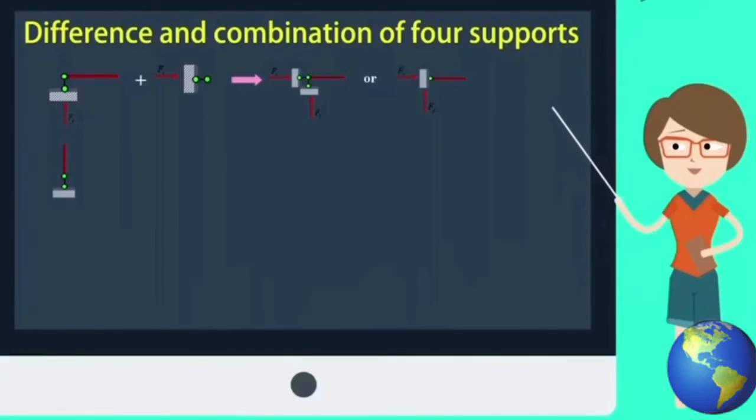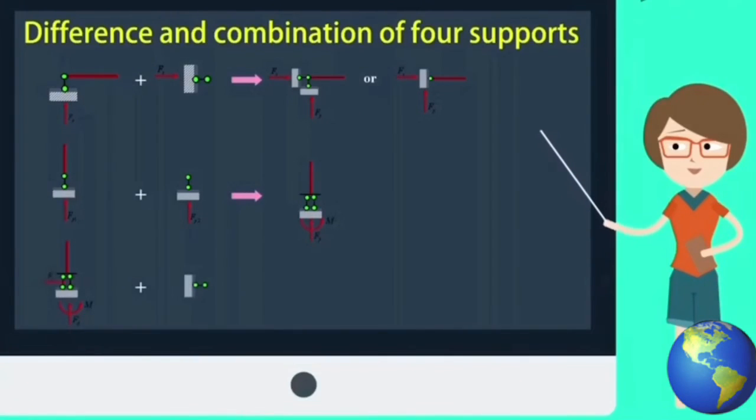A vertical roller support plus 1 more vertical roller support is equivalent to a directional support. The resultant of 2 parallel forces is a force and a moment. A directional support plus a horizontal roller support is equivalent to a fixed support. This is seldom used. We usually use this computing model.